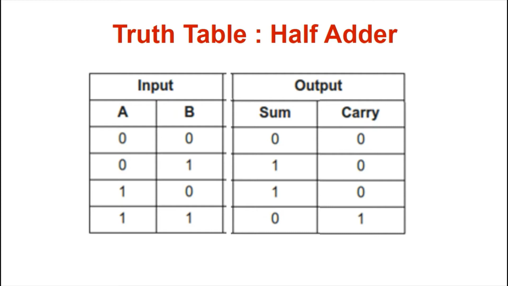Similarly, for the input 1 0, we have sum 1 and carry 0. And finally, for the input 1 1, when we add 1 and 1 in binary, the output is actually 1 0. In the 1 0, the 0 is the sum and the 1 is considered as the carry. So that's why the output for the sum is 0 and the carry is 1. So this is about the truth table.